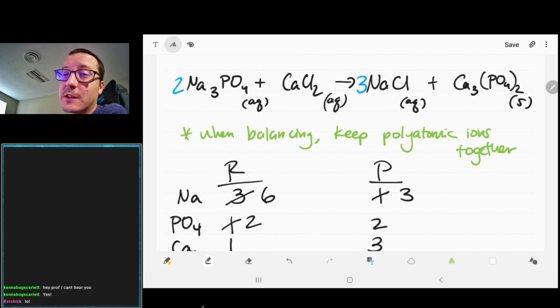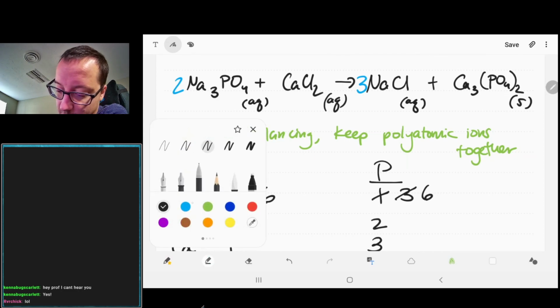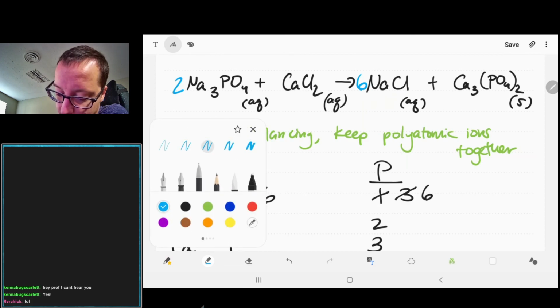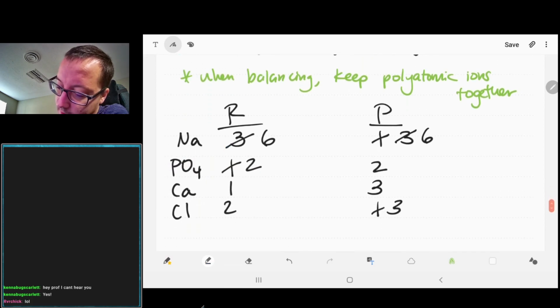We can either address the sodium now or keep going down. Doesn't really matter. If we want to adjust it now, we see we have twice as many sodiums on the left as on the right. So if we want this to be 6, we can just adjust our coefficient here. Get rid of that. Now it's a 6. That brings our chlorines to 6 as well.